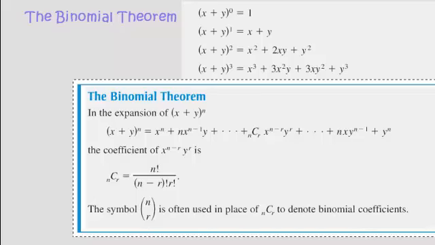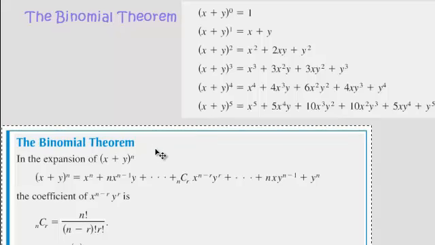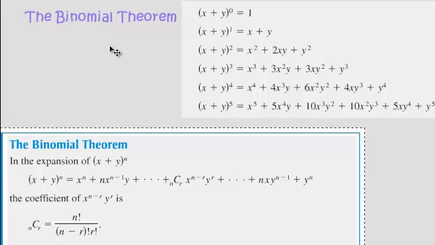All right, so I think we looked at x plus y to the 4th, and here are the coefficients that belong in there. Now, it's going to look pretty crazy. Let me show you this thing right here. This is what is going to get you the coefficients, and it is this little guy right here with the C next to it.